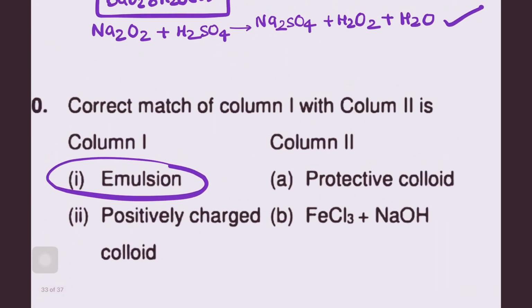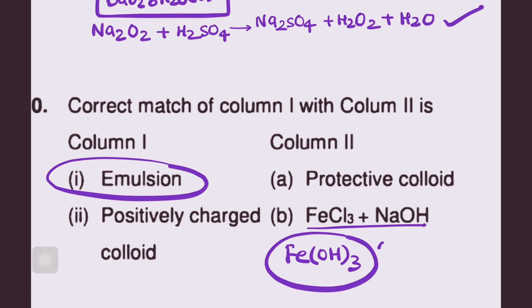Next we have positively charged colloid. If we have FeCl3 and NaOH, it will form Fe(OH)3, and then OH minus will get adsorbed on that because it is NaOH, a basic medium. So it will be forming a negatively charged colloid, not positively.